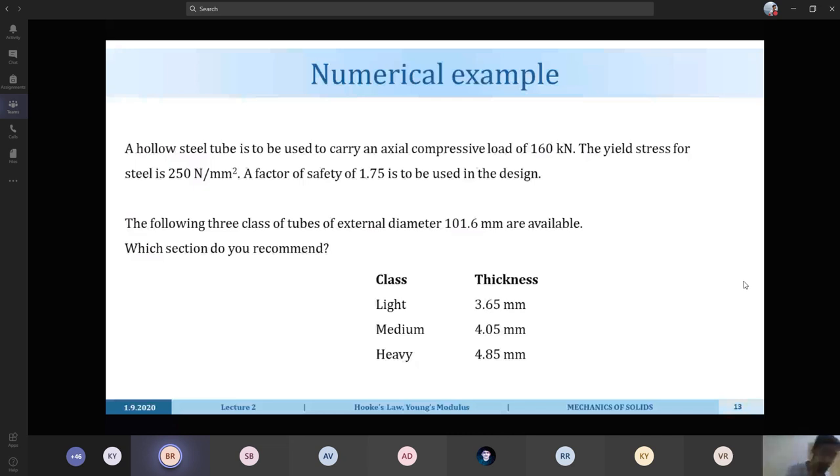How did you calculate that? The area for external radius 50.8 mm. Okay, fine.